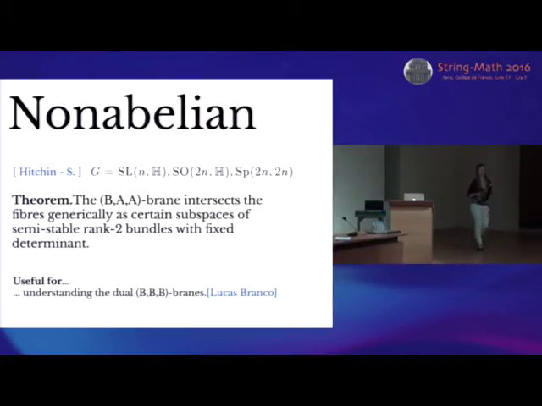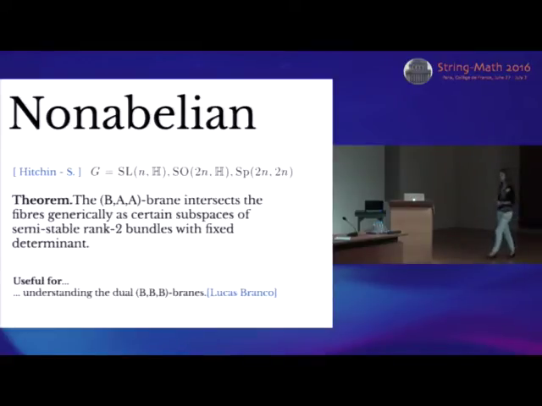So the generic fibers in that fibration are not intersected. The brane lies completely over the singular locus of your Hitchin base. And if you look at the intersection with that singular fiber, what you'll get is some subspace of the moduli space of rank 2 semi-stable bundles with fixed determinant. So it's what we call the non-abelianization of these branes, because it's a non-abelian space intersecting the singular fibers.